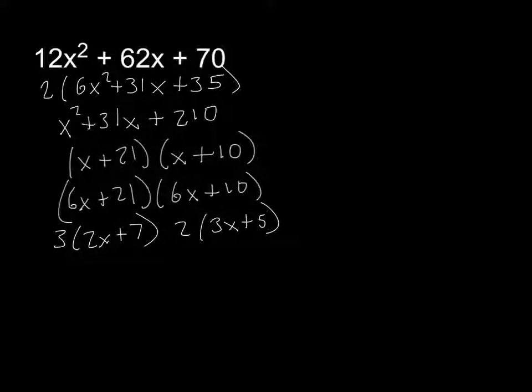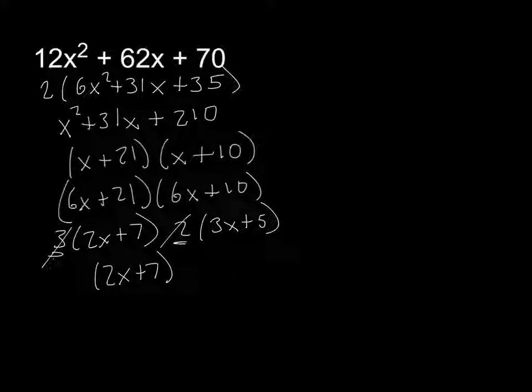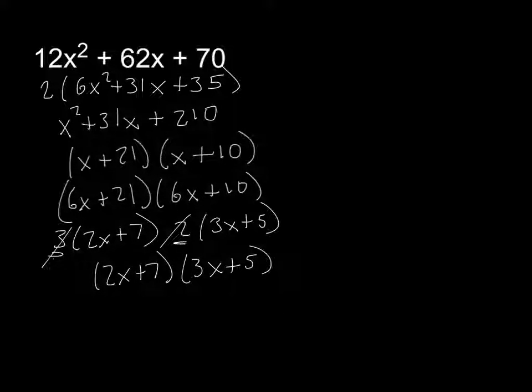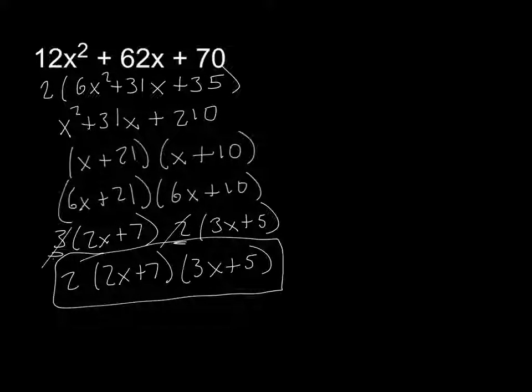Well, notice that 2 times 3 is going to give you 6. So we're going to drop those as the GCF, because we put in a 6 that we didn't want. You will be left with 2x plus 7 and 3x plus 5. Put the original GCF of 2 out front there, and this is the factorization, the same answer we had before.